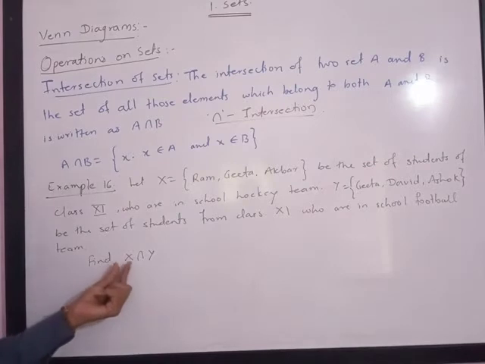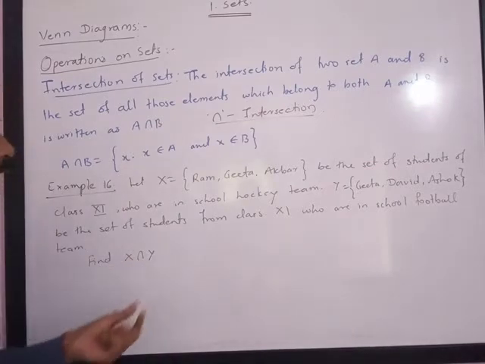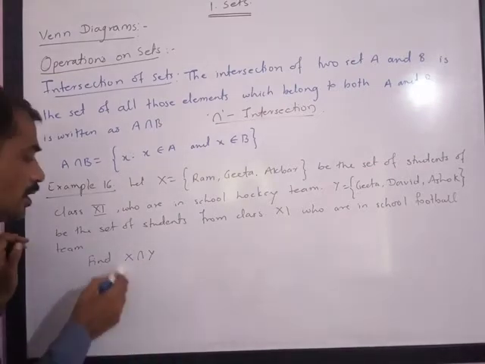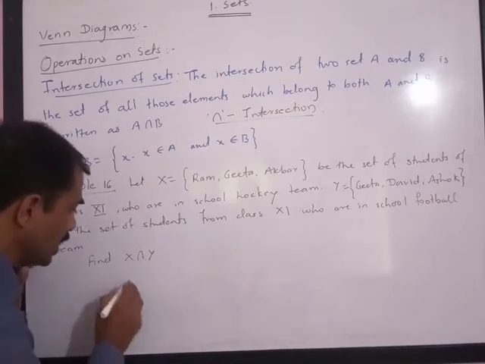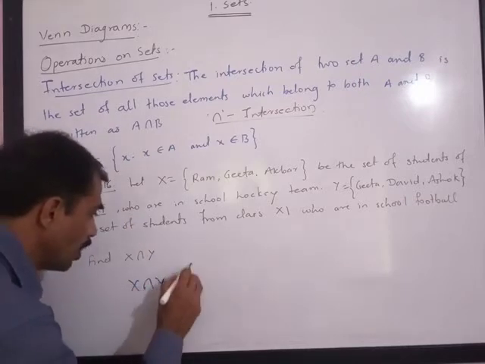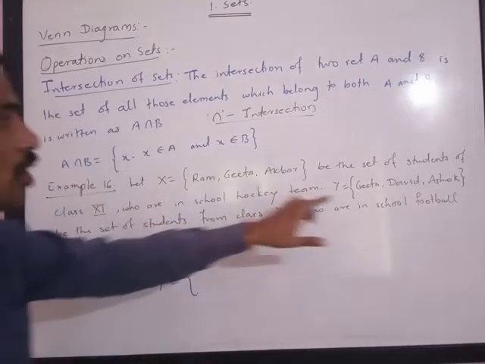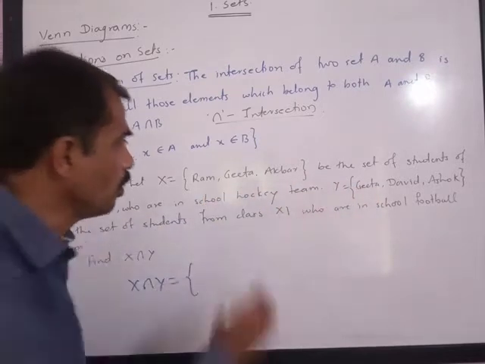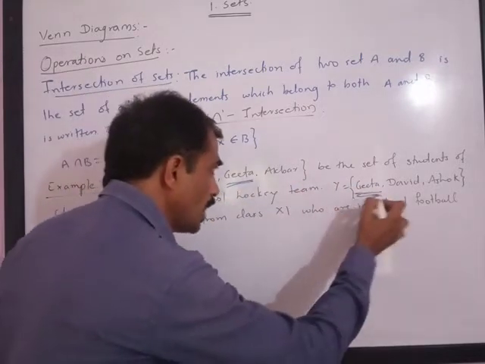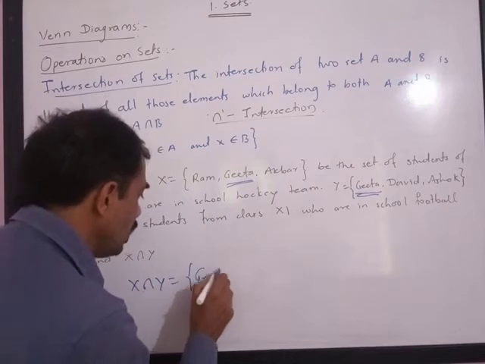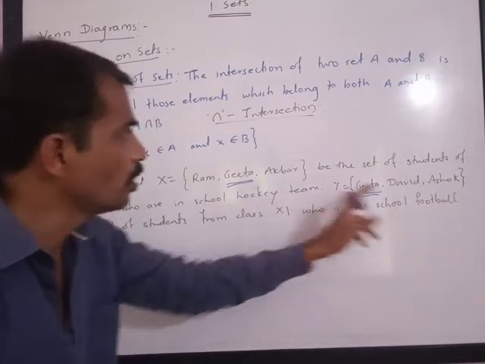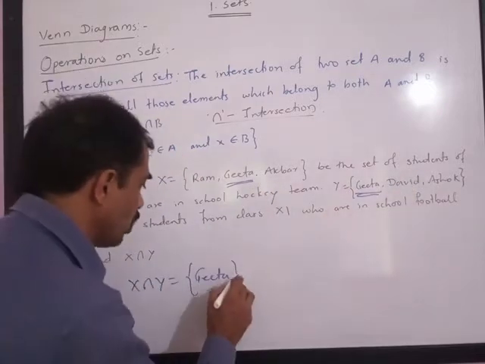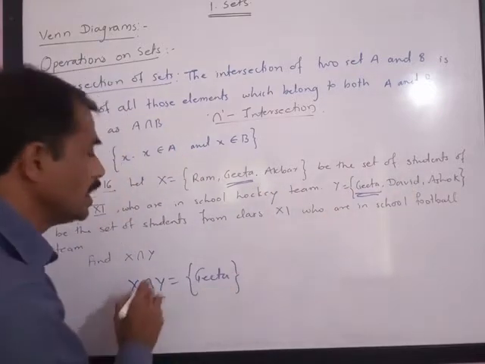We are asked to find X ∩ Y. X ∩ Y is the set of those elements which are in set X and also in Y. Ram is not common to both, Geeta is common to both, Akbar is not common, David is not common, Ashok is not common. So the set {Geeta} is X ∩ Y.